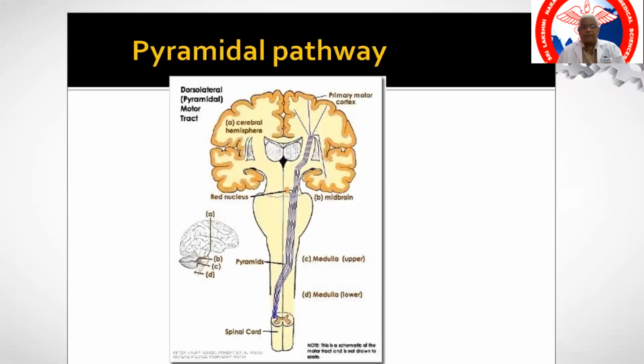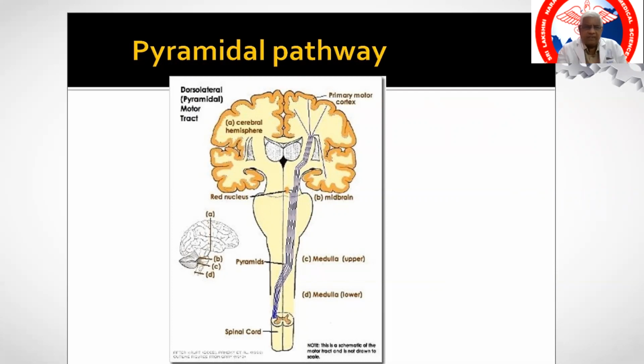That's the pyramidal pathway. From the cortex, the fibers converge and reach a place called the internal capsule. They descend and cross to the opposite side at the pyramidal level. Then they descend as the corticospinal tract, which is our main motor pathway.